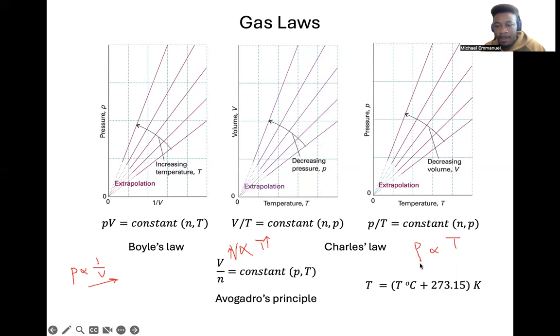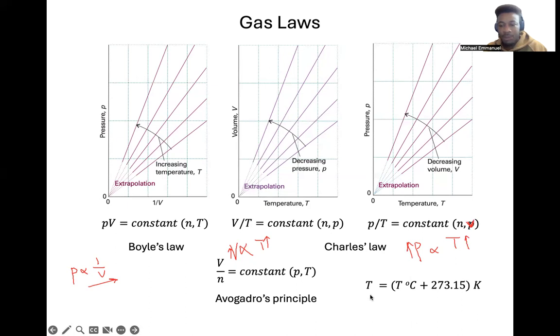That is, when we increase the temperature of the gas and keep the volume constant, the gas pressure increases. And this relationship is somewhat linear. That is, as the temperature is increasing, the pressure increases with almost the same magnitude.